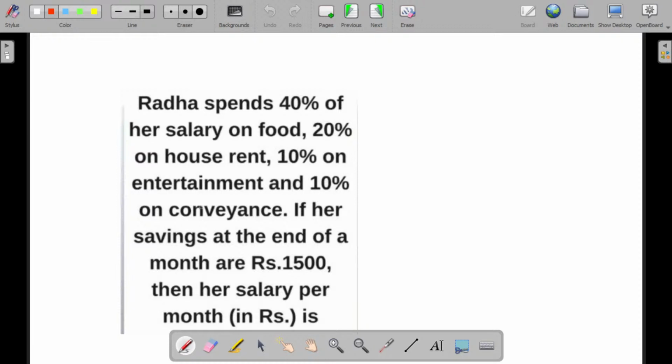She spent some amount and at the end she has some saving. Siddhant has mentioned 7,500.